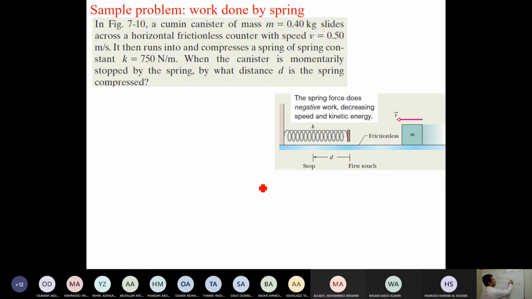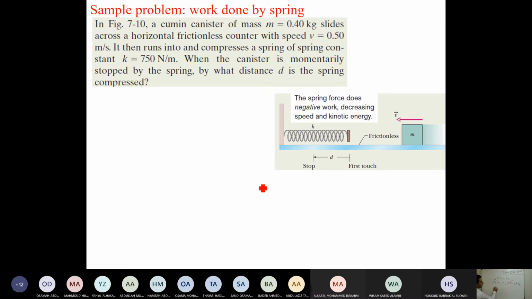So the initial position of the spring is 0. But afterward, when the spring is compressed, it has some compression that we are calling xf, which you can also put as d as it is required in the problem.